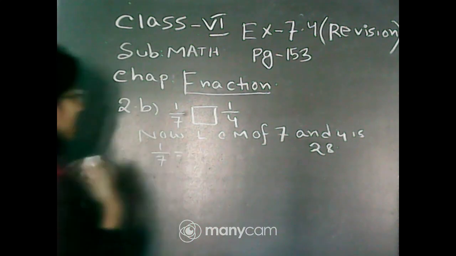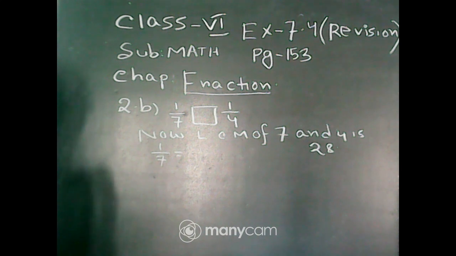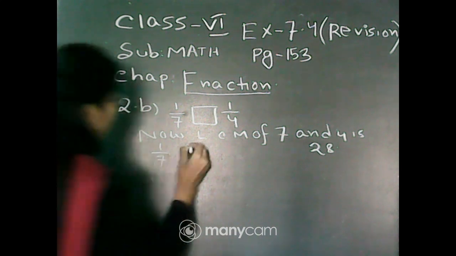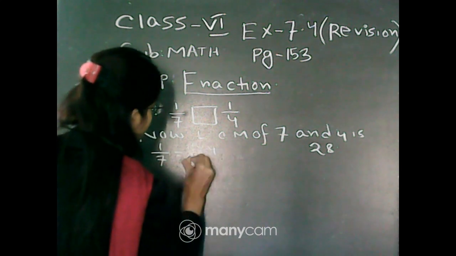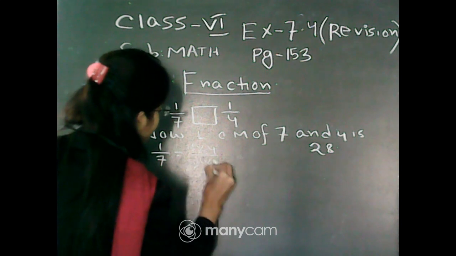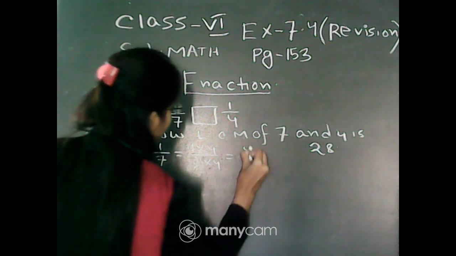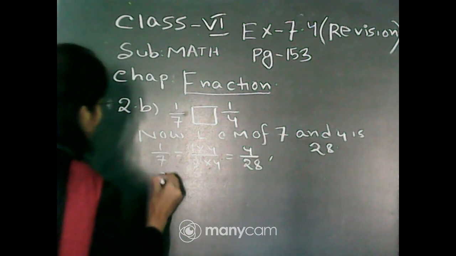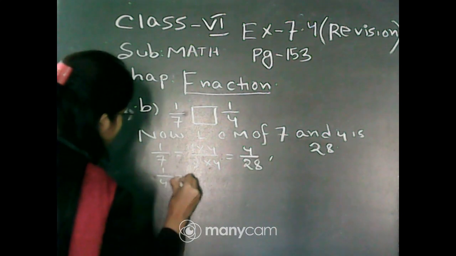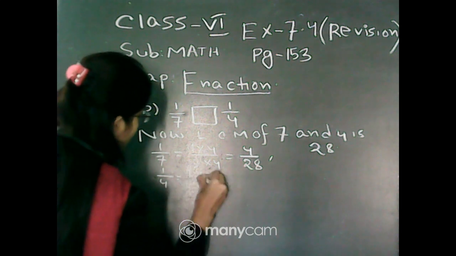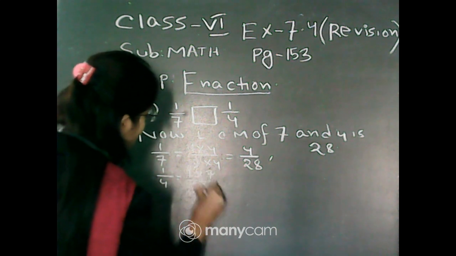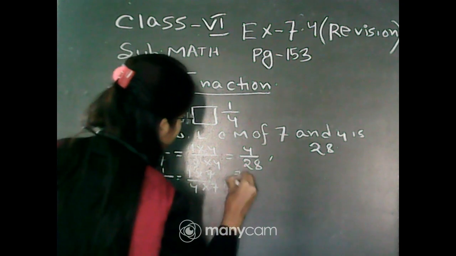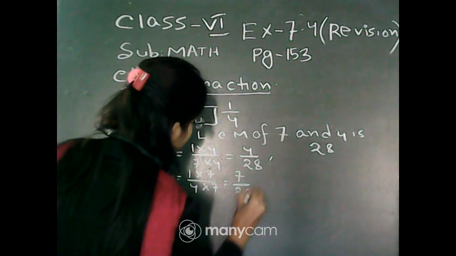Therefore, to make the denominator 28, we multiply this fraction by 4 and we get this is equal to 4 divided by 28. Also, 1 by 4 is equal to 1 cross 7 divided by 4 cross 7, that is 7 divided by 28.